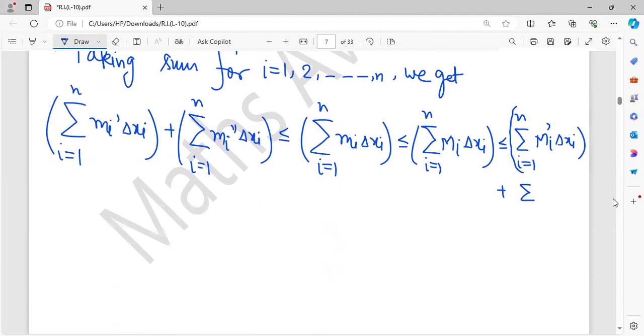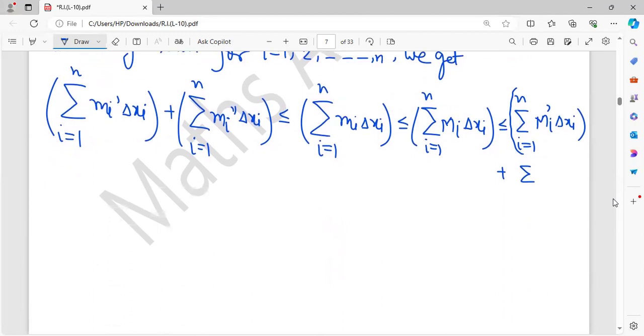So this is the sum from i goes to 1 to n of mi times delta xi. Now what is this?